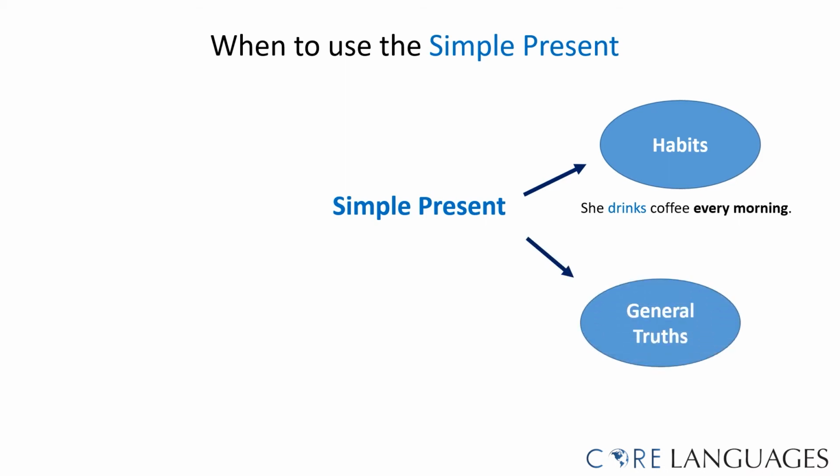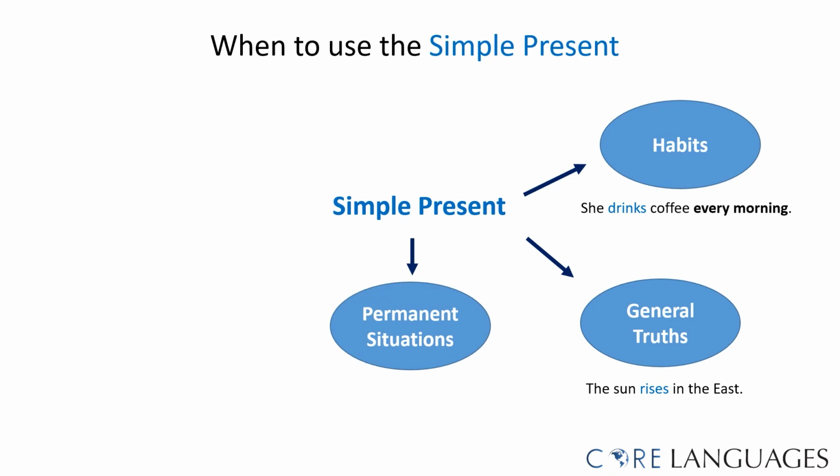We also use the simple present to talk about general truths or things that don't change. For example, the sun rises in the east. We also use the simple present to talk about permanent situations or things that hold true for a longer period of time. For example, he lives in New York.